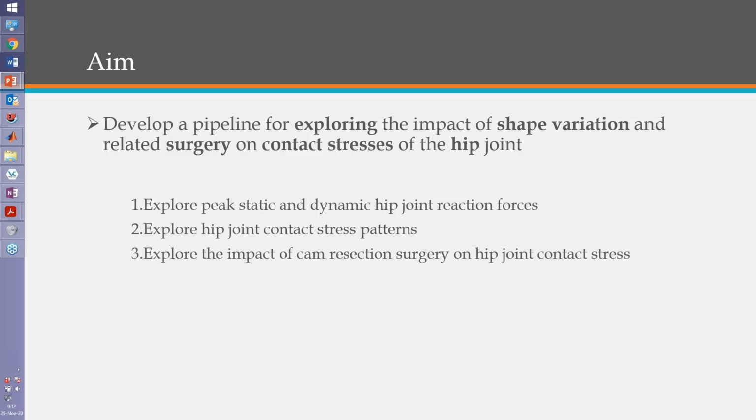We first had to explore hip joint reaction forces in static and dynamic environments. We had to look into the hip joint contact stress patterns and figure out ways to actually calculate these contact stresses. And then we explored the impact of these two previous findings on cam resection surgery, and looked into whether or not we were able to do something with that surgery.